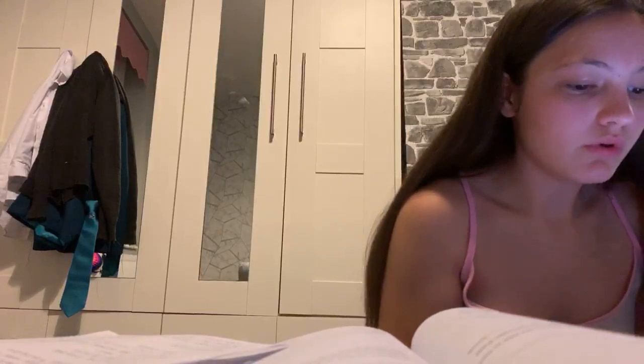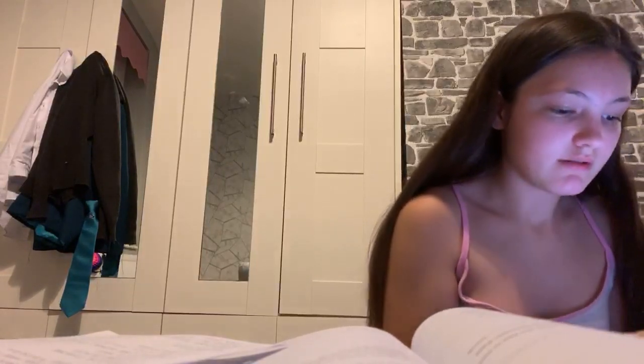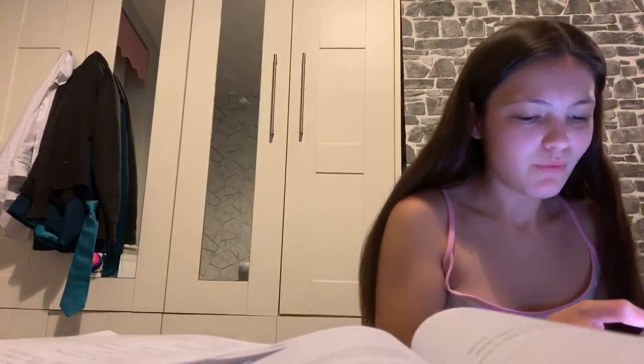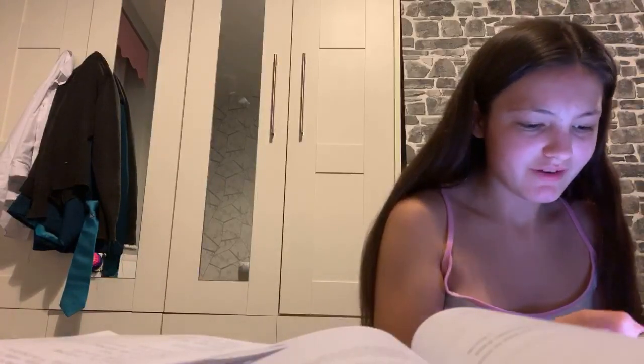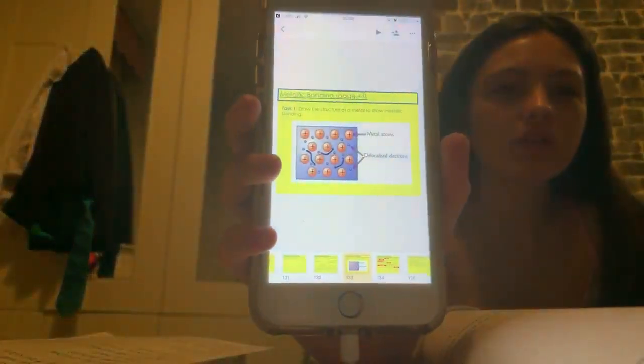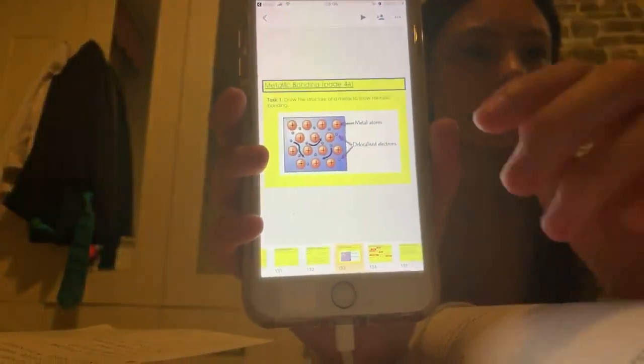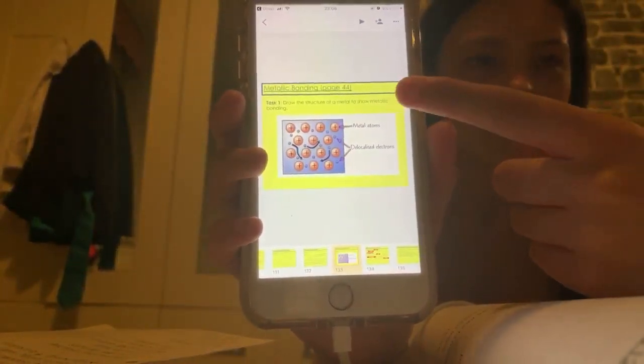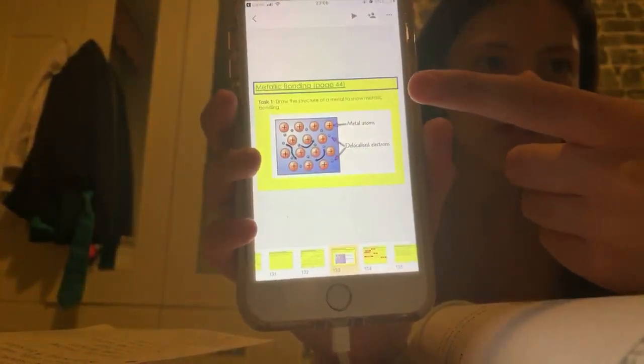So, draw the structure of a metal shown in the metallic bonding. So this is actually the slide.